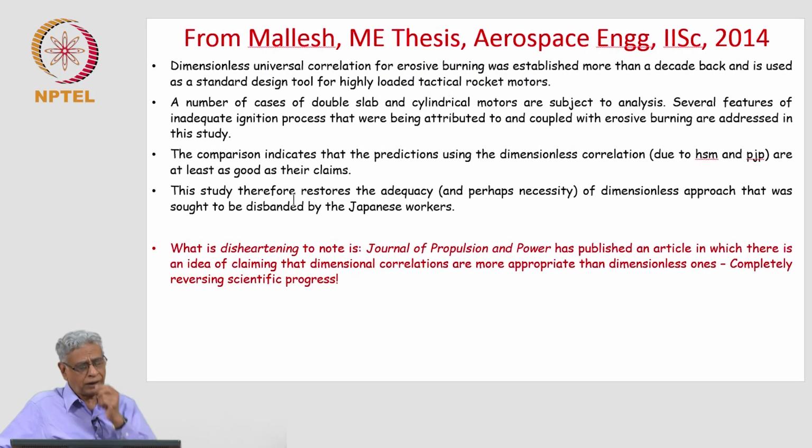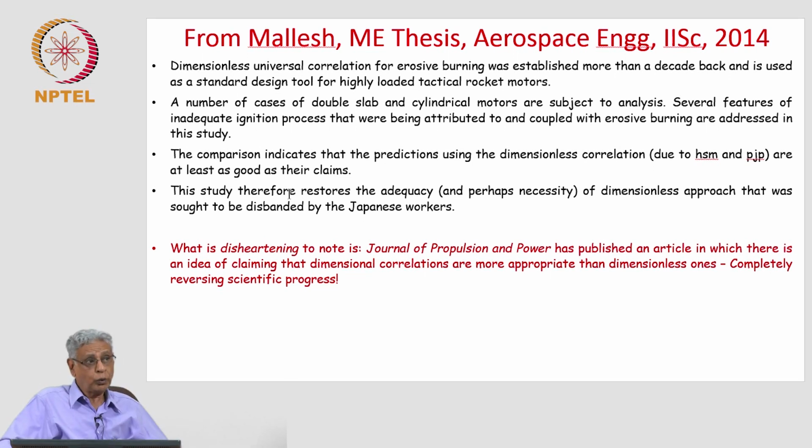The fact of the matter is that they said there is a dimensionless correlation. They said that is not good enough. It could be not good enough, but you should seek a dimensionless correlation of a different kind. That is what science tells you. However, they said no, we will use a dimensional correlation and show that it works.